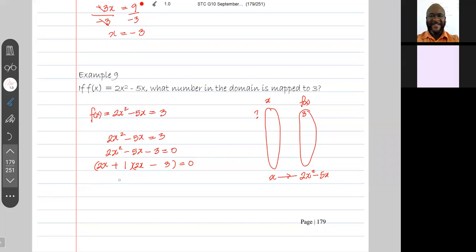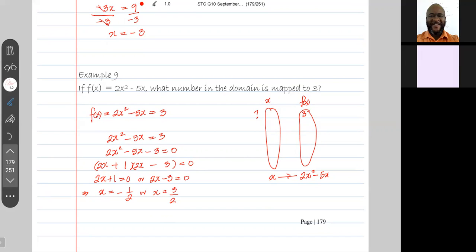If I'm multiplying two things and I'm getting 0, it is either 2x plus 1 that is equal to 0, or 2x minus 3 that is equal to 0. Therefore, x is equal to minus a half, or x is equal to 3 over 2.